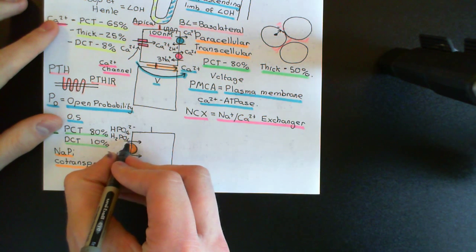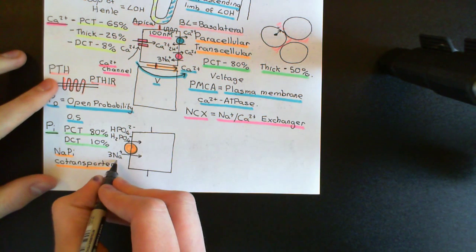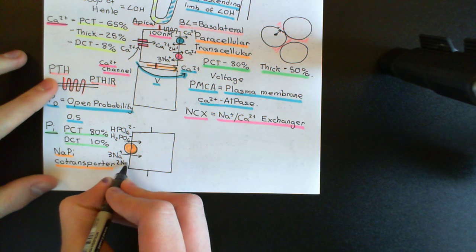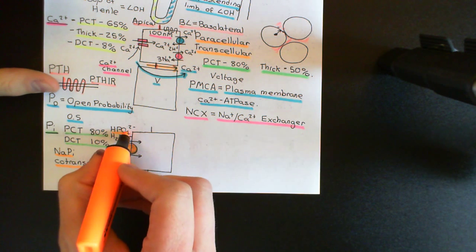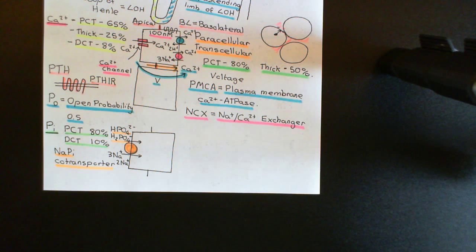The other one is H2PO4 minus, the dihydrogen phosphate, and in that case, because the charge is slightly less, it's just 1 this time, you only have to move in 2 sodiums. So understand that the sodium phosphate cotransporter is capable of moving 2 different forms of phosphate, the hydrogen phosphate and the dihydrogen phosphate, but depending on which one it's moving, it will require a differing number of sodium ions to be moved down their electrochemical gradient with the phosphate ion to actually get it into the cytoplasm of the cell.